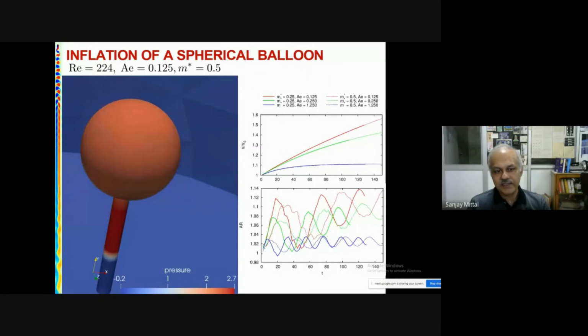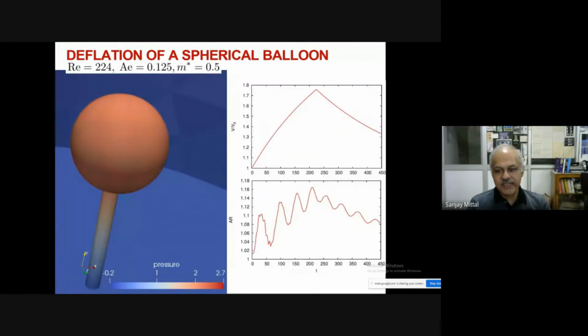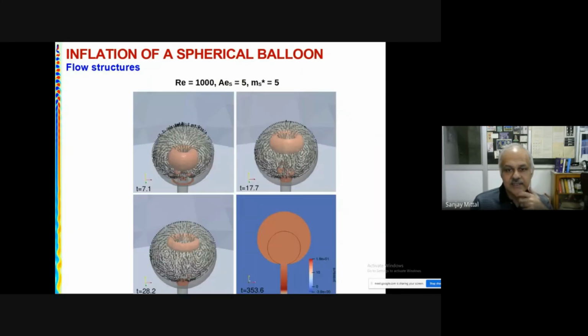So you get a little bit of vibration when they inflate. And then he tried deflating them, and the same thing. So they don't just deflate without any natural vibration. There's a built-in vibration that he sees.